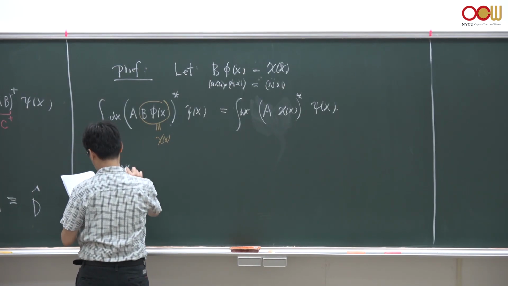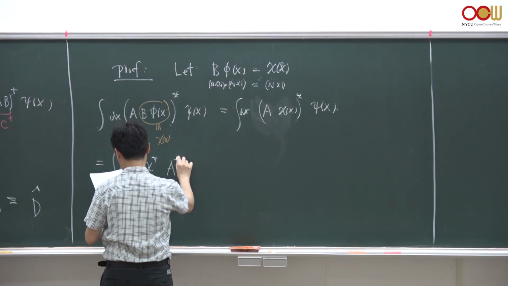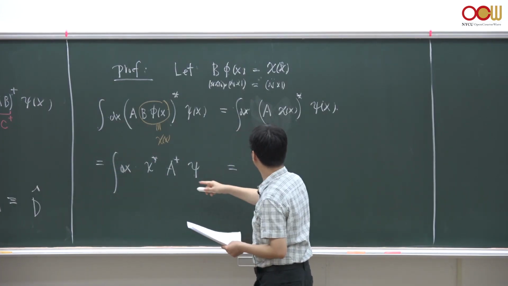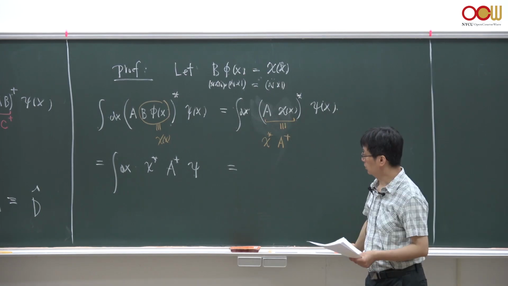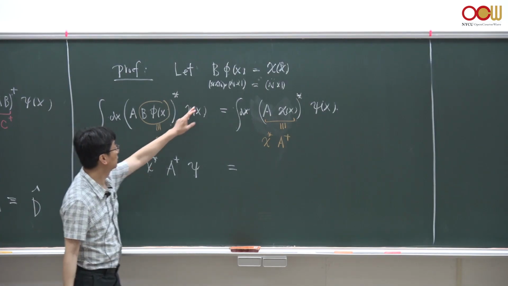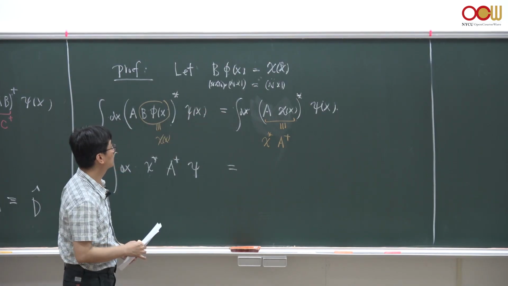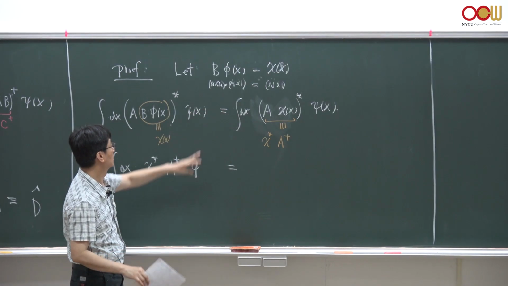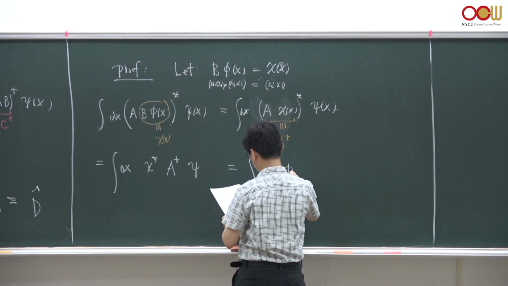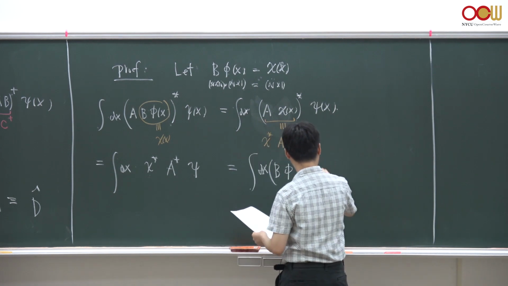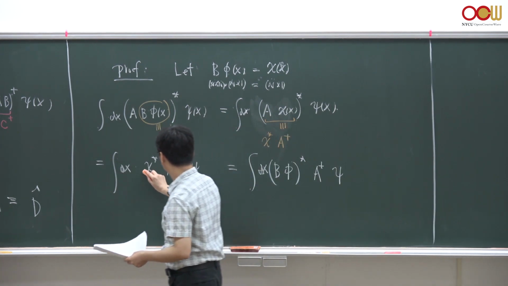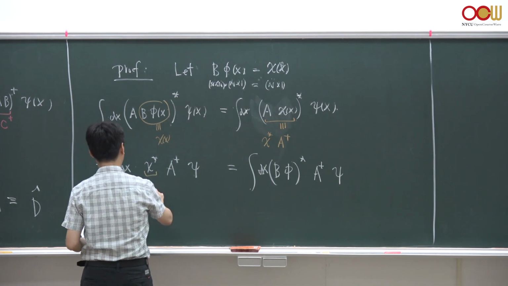So this is chi star A dagger psi. Now we restore what it means when we define this chi state: the wave function chi is given by B acting on phi, so B phi star and A dagger psi, because chi is simply B acting on phi.